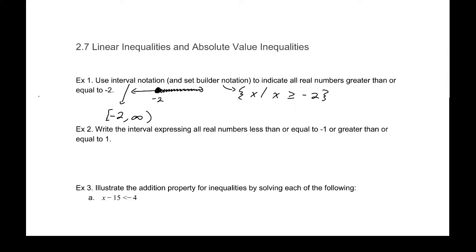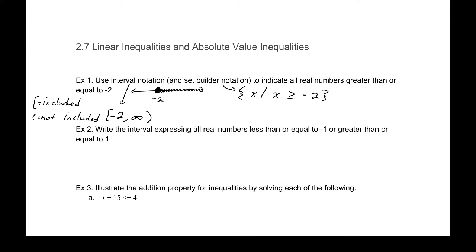A bracket means that number is included. Parentheses means not included. For instance, in this case, infinity is not included because we cannot actually reach infinity. We can head towards infinity, but we cannot actually arrive there. So that's interval notation and set builder notation.